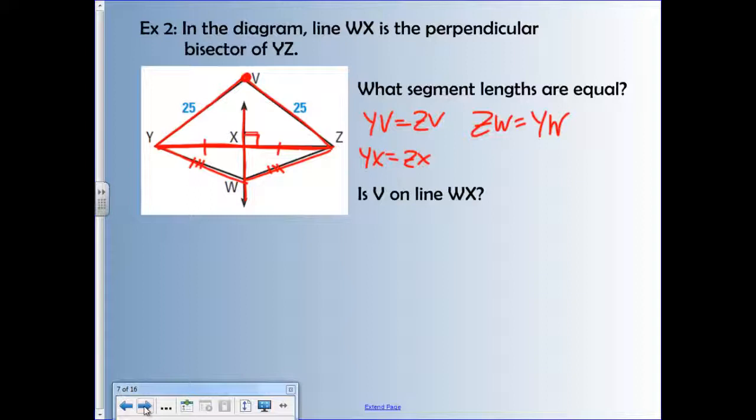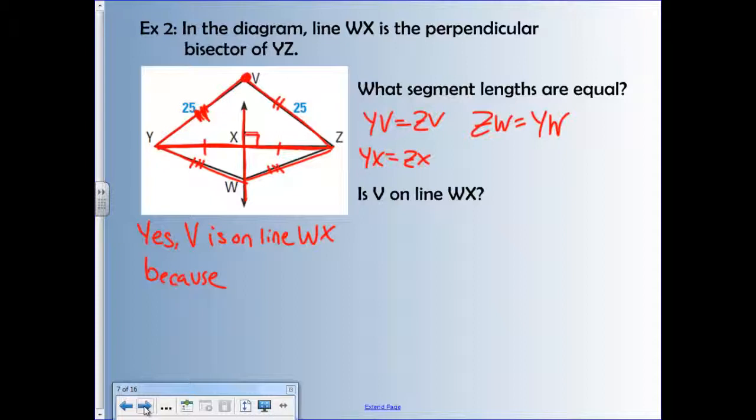This point will lie on this line if this is true. If this segment is equal to that segment, we say yes, that point will lie on the perpendicular bisector. So, is V on line WX? We say yes. V is on line WX because, we're not writing cuz, C-U-Z, like you're texting your BFF, right?